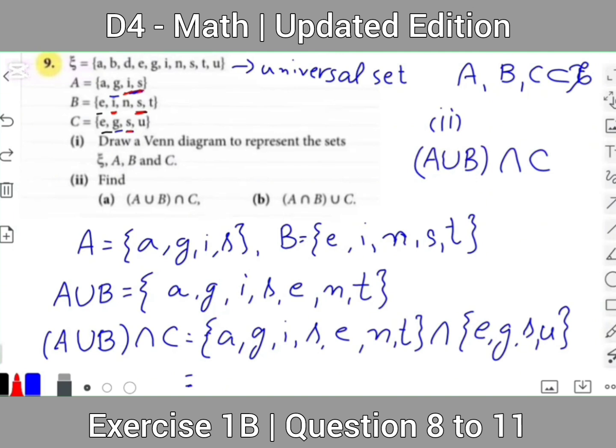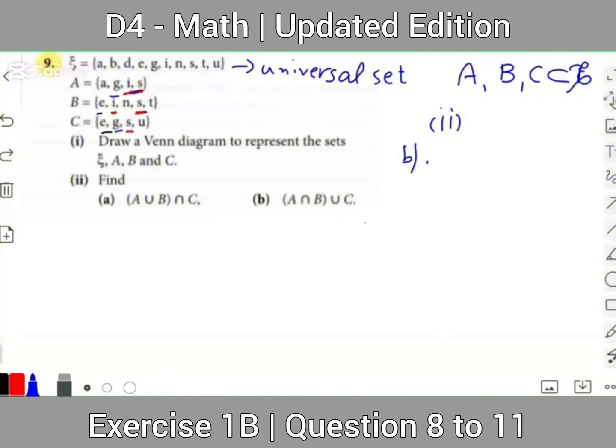So they are G, S, and E. So the elements in A union B intersection C will be S, E, and G.